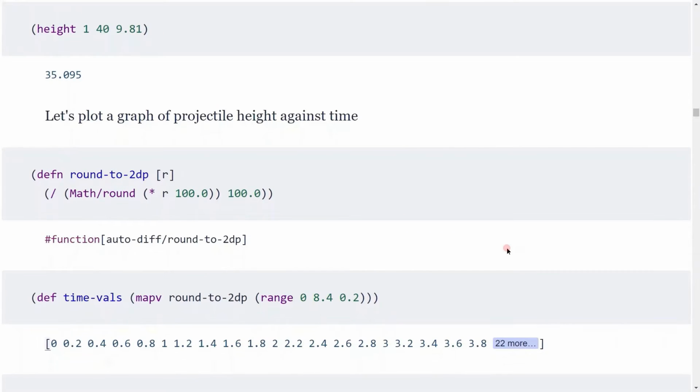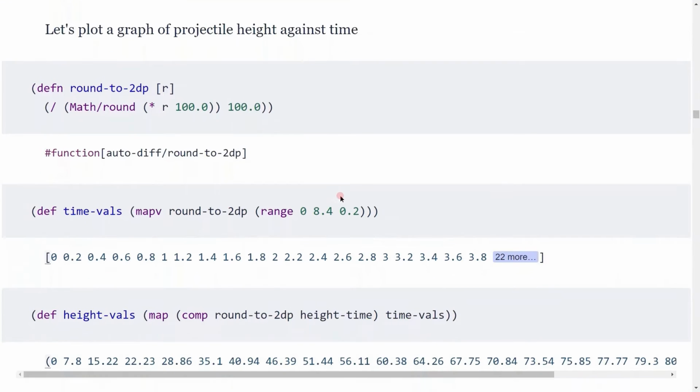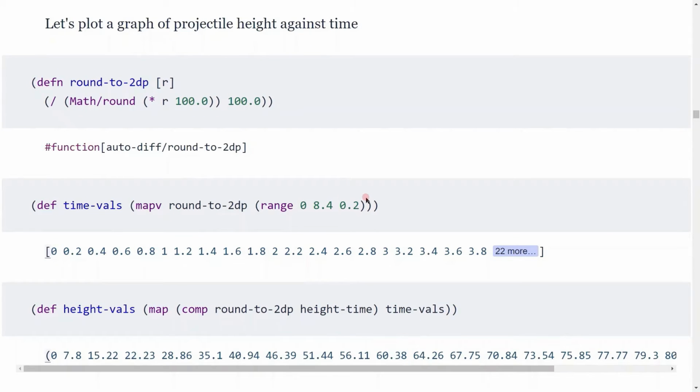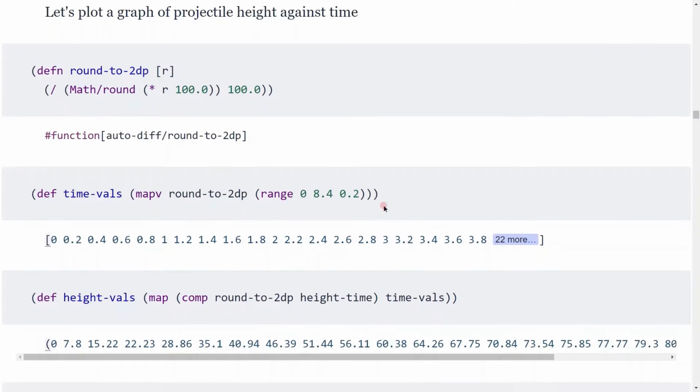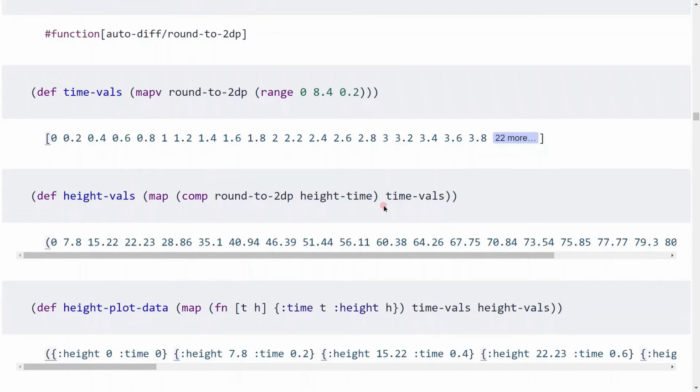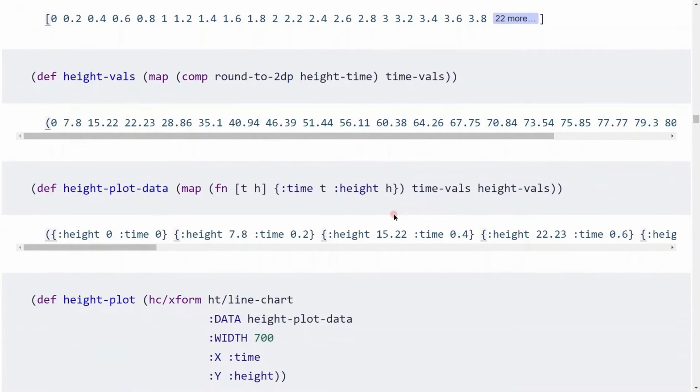First, we'll use a utility function to round all values to 2 decimal places. Then we'll get a series of time values starting at 0 and ending at 8.4 with an interval of 0.2. We'll map our height-time function across those time values to give us height values, and then we will map against both time values and height values to create a series of Clojure hash maps with a height and time key.